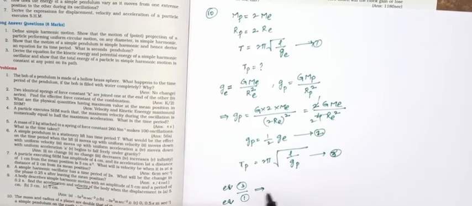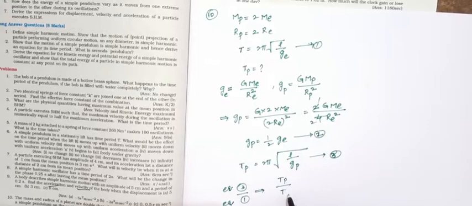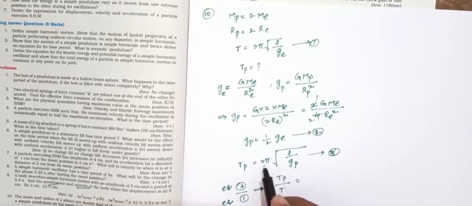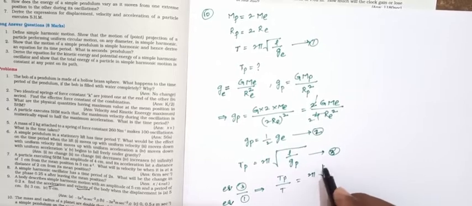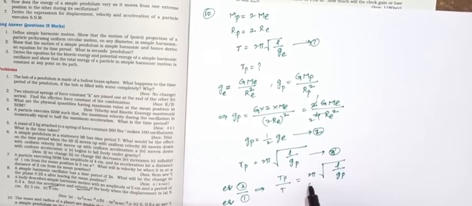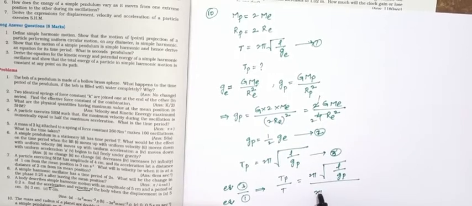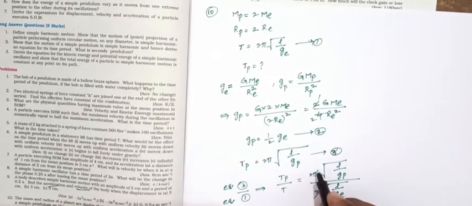So that is Tp divided by T equals, Tp equals 2 pi square root of L by gp divided by 2 pi square root of L by ge. Okay, 2 pi gets cancelled.